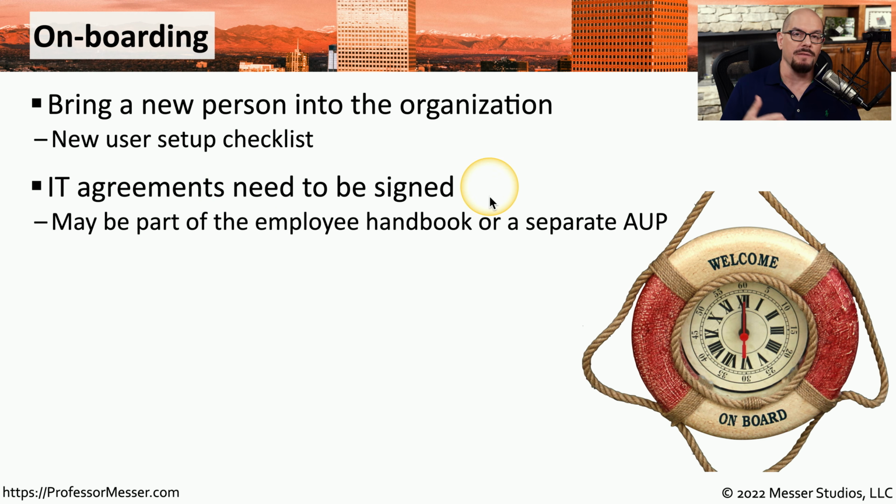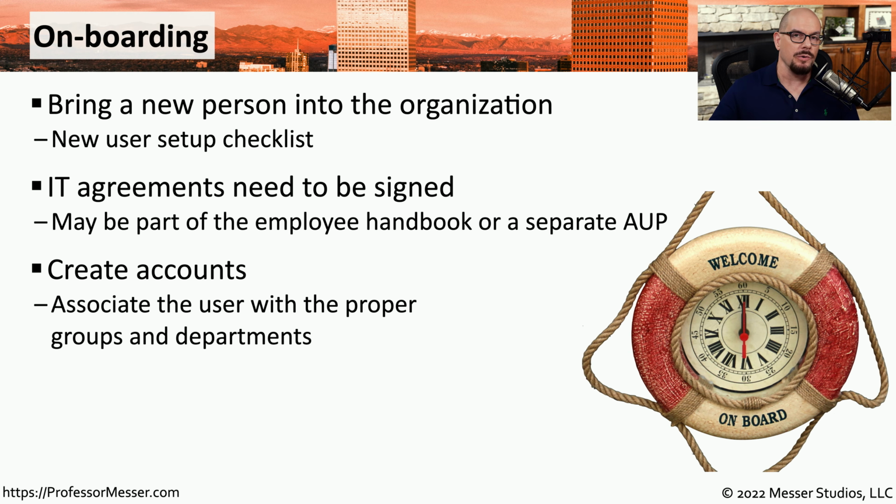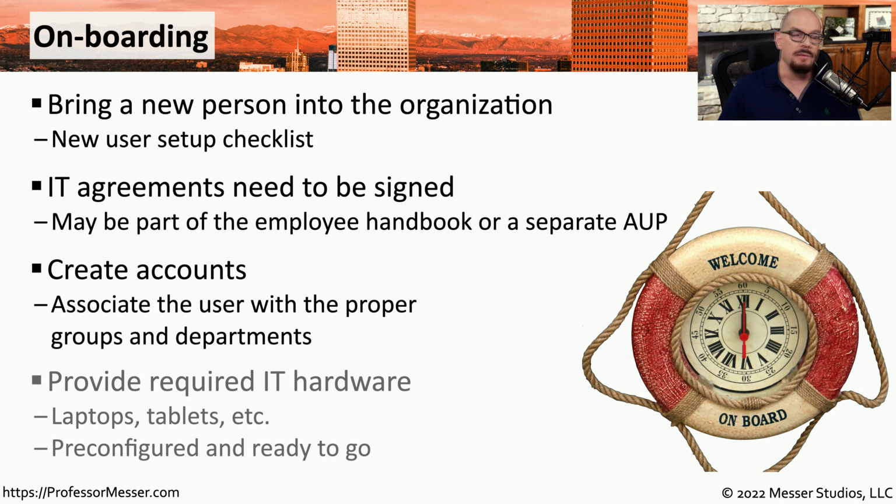This might be part of the employee handbook or a set of formal acceptable use policies that have to be approved. Another part of the organization may be responsible for creating the user's account and assigning the proper group so that they have the permissions they need to be able to perform their job. And we might have the purchasing process involved in the onboarding because we need to purchase new laptops, mobile devices, and anything else this user might need.